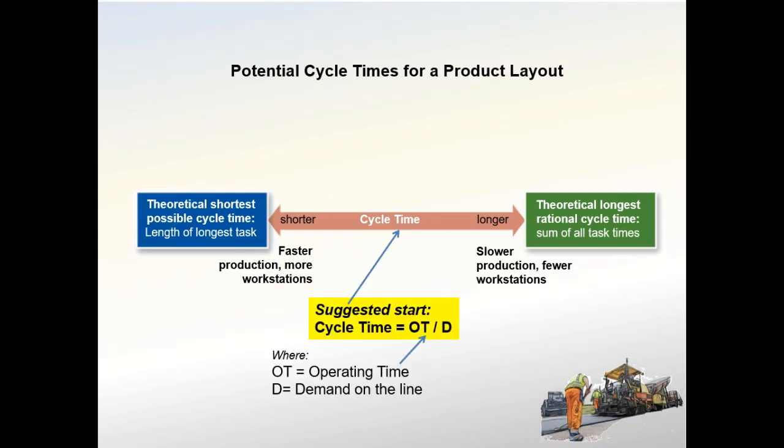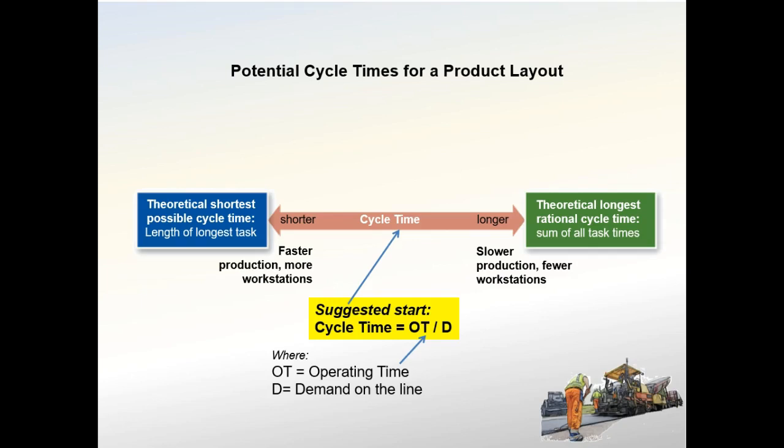And since cycle time is essentially the speed of production, the cycle time of a product layout must reflect the production capacity desired for that layout. To determine cycle time for line balancing, we must first know two pieces of information. First, you need to know the operating time, how long the line will operate.